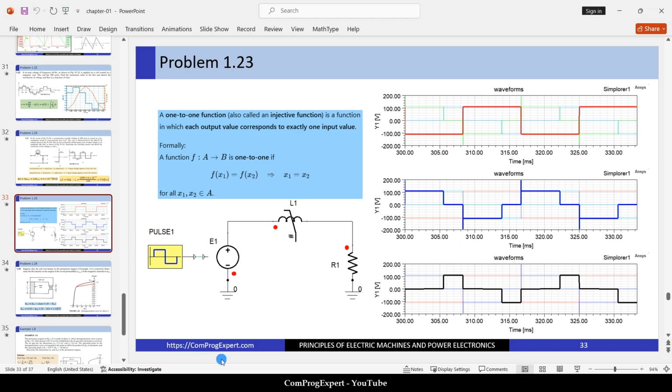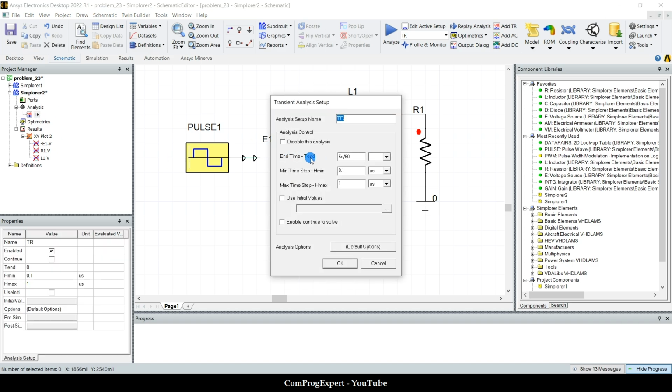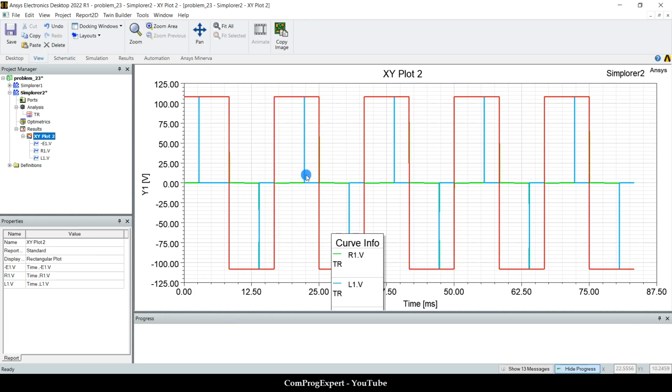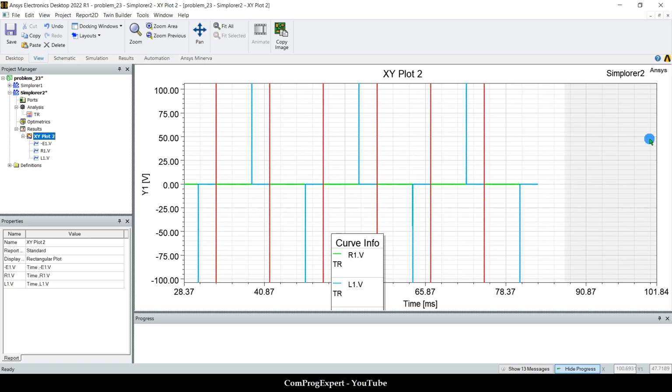Yes, we need to consider this stop time for the simulation. So let's run and then we can focus on the last electric period after passing transients.